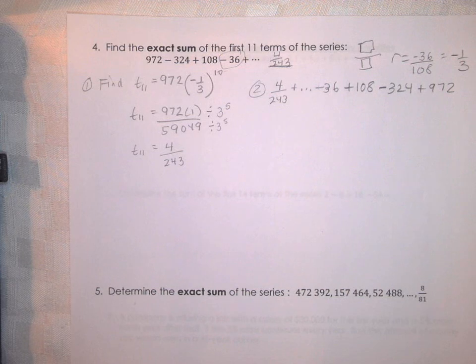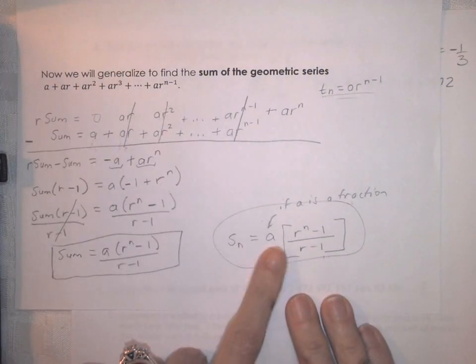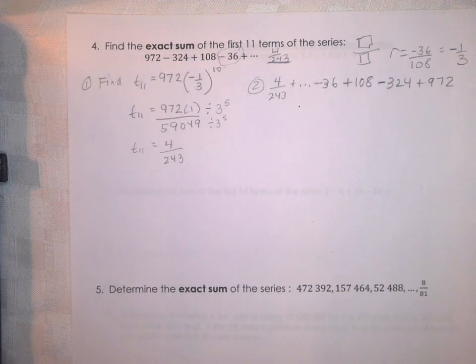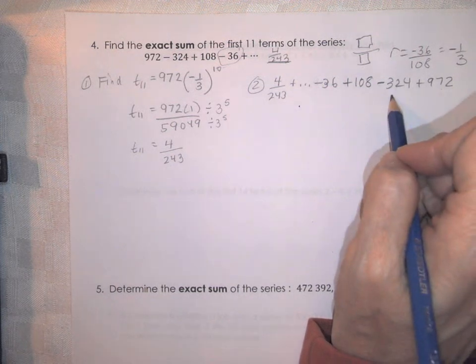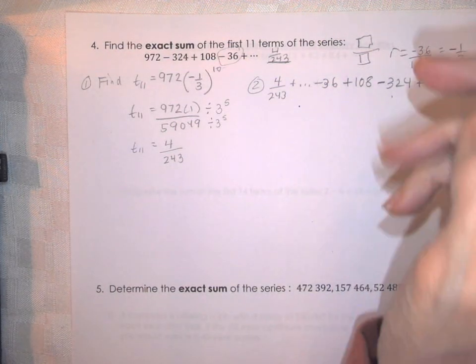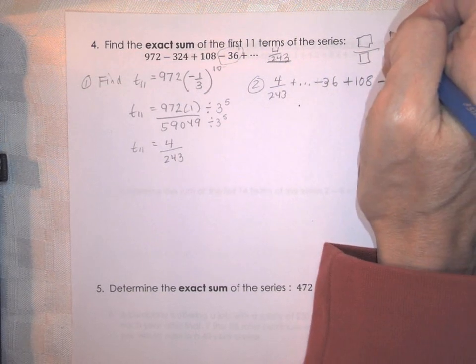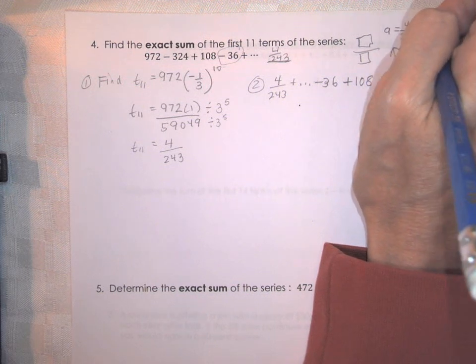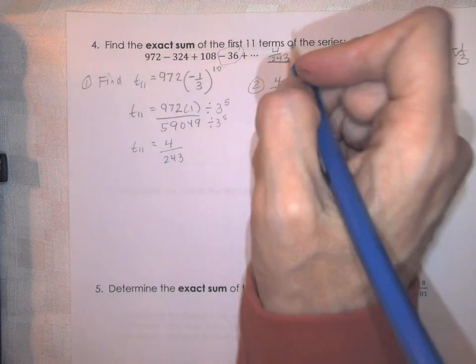Okay, so I know there's 11 terms, and I know my first term's a fraction, so I want to use this format here where the fraction's out front, and my R is going to be -3 instead of -1/3, because if I do 972 divided by -324, I'm going to get R is -3. So for my new series that I turned around, my A value is 4 over 243, and my R value is -3, which are nicer to work with in that formula.